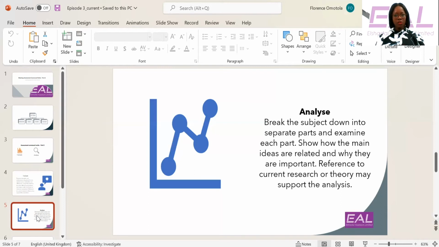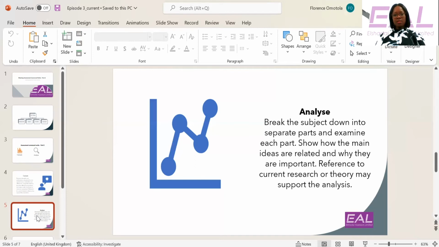The question just asks you to analyze the importance of the Health and Safety at Work Act 1974 and how it influenced your role. So the parts you're going to separate that question into will be, first, the act itself, to analyze the Health and Safety at Work Act 1974. Then you will need to analyze the importance.